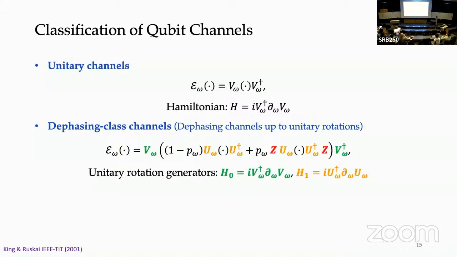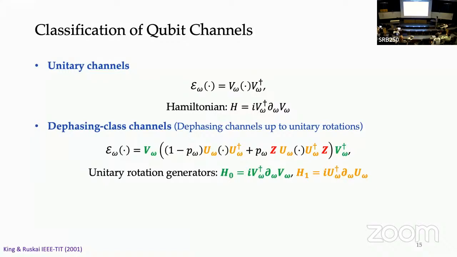And then the second type, which I call dephasing class channel, means that you can rotate the channel to a dephasing noise. So basically, you can apply a unitary U before the dephasing channel, and then a unitary V after the dephasing channel. I call this type of channel a dephasing class channel.